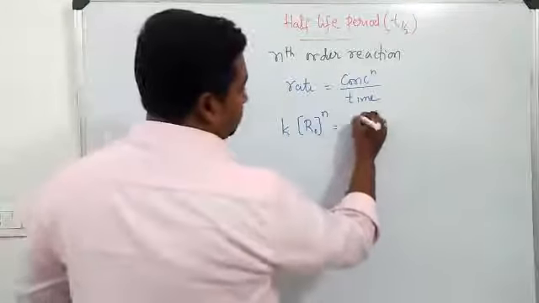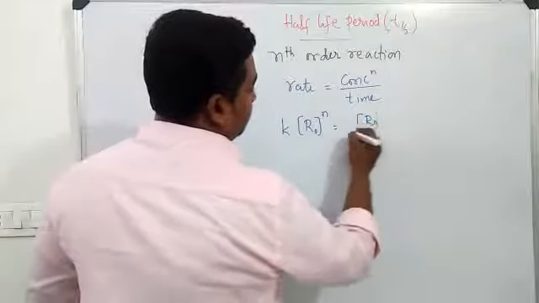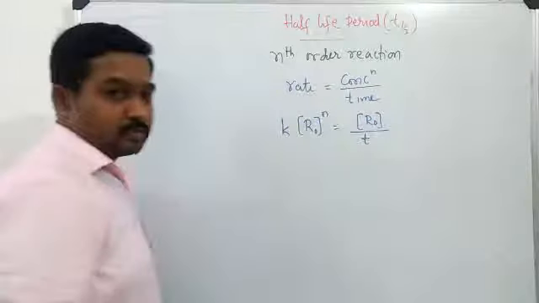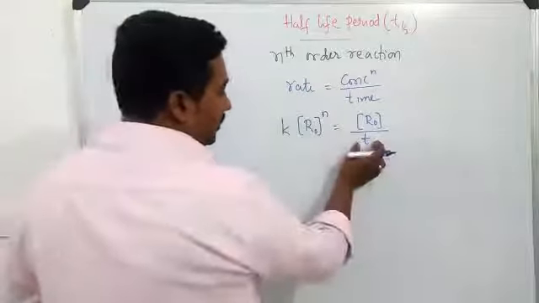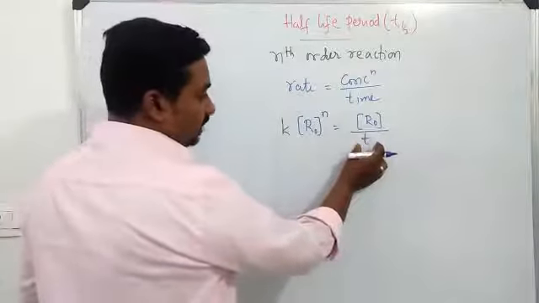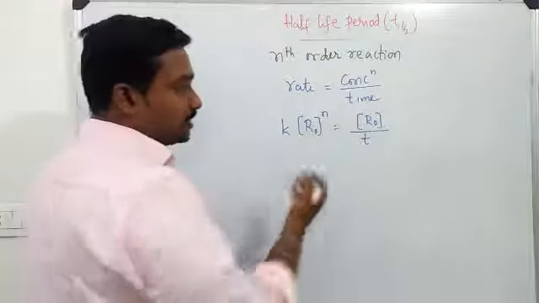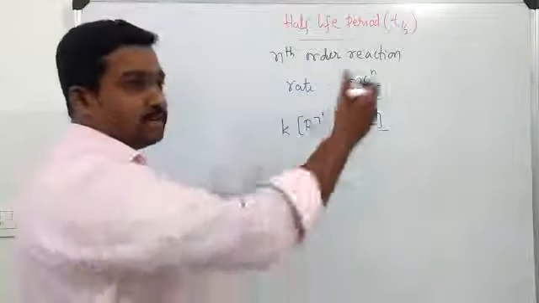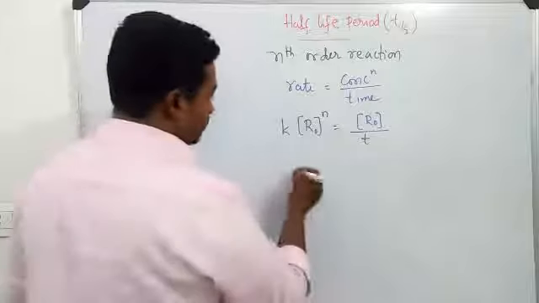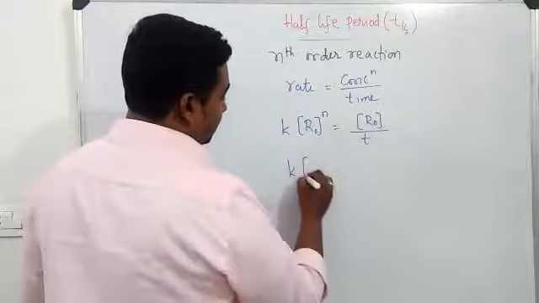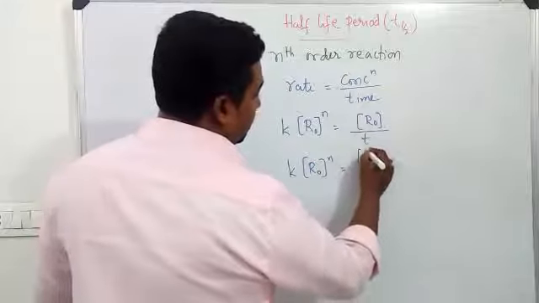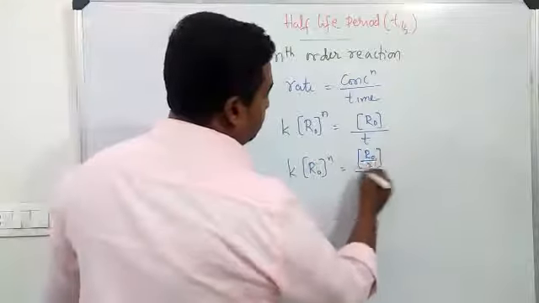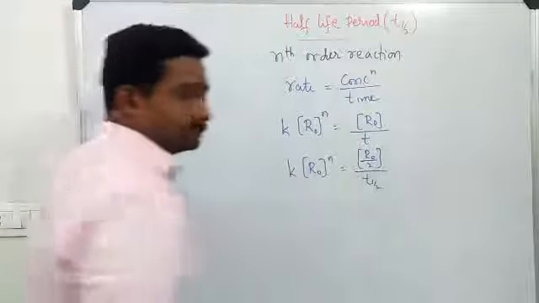So this is equal to concentration R naught by t. If I say the time is half-life, substitute t half for t and R naught by 2, because it is half-life, the initial concentration will be reduced to half of it. So I get k into R naught power n equals R naught by 2 by t half.